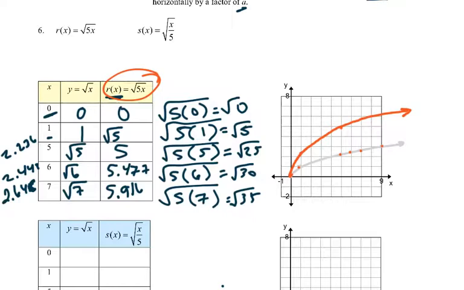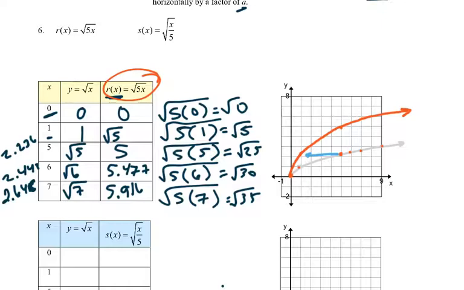Now 0, 0 stayed in the exact same place. But if you look here, where the function was originally at radical 5 or square root of 5, which was 2.236, that got shrunk inwards in the x direction all the way over here when x is equal to 1.